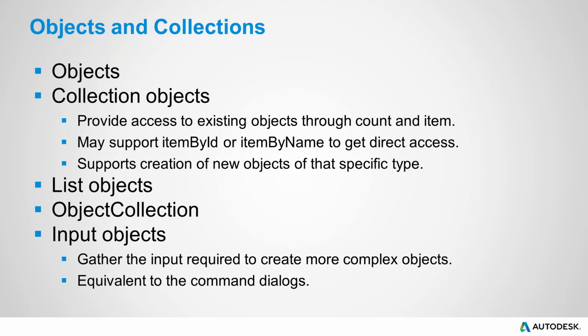When I click the extrude command, the dialog pops up to gather the input, and this input object is a programming object that has properties on it that are the equivalent of the things the dialog is asking the user for. So instead of a dialog that you're interacting with to supply the needed input, you have this input object, and you set whatever the required properties are on it. You define what's needed, and then you say, okay, now create an extrude using this input, and it does it.